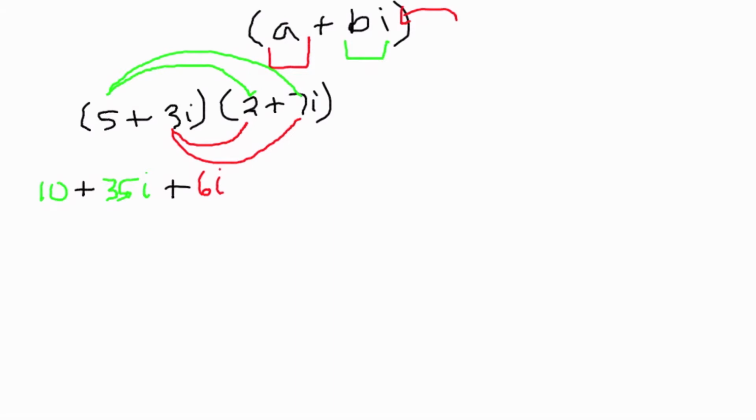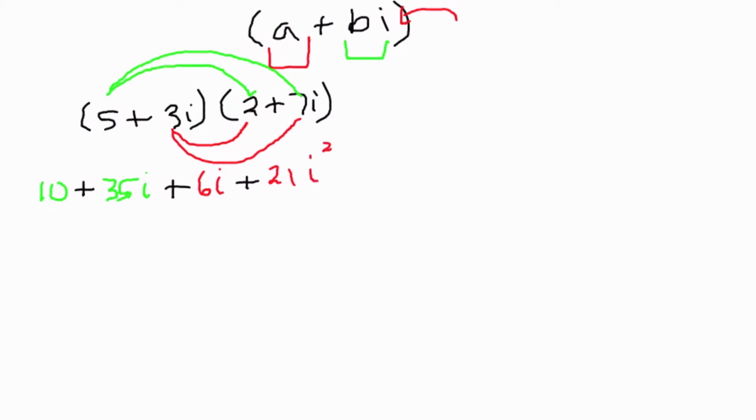Now we do 3i times 7i. Again, we multiply the numbers. Positive 3 times positive 7 gives us a value of positive 21. Now the 3i and the 7i both had i's, so i times i is just going to be i squared.